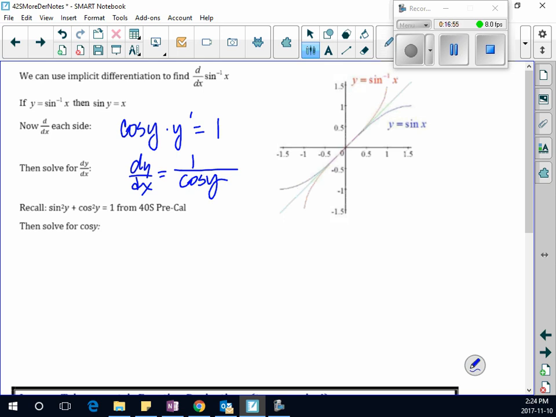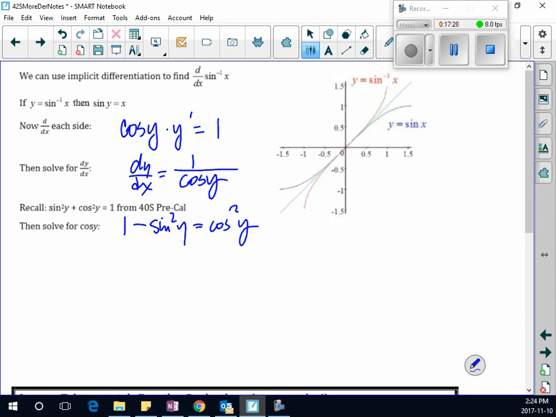Okay, so now we're going to recall that sine squared y plus cos squared y equals 1. So we're going to solve for cos y. Can you solve for cos y? Move this over. 1 minus sine squared of y is equal to cos squared of y. Does everybody agree? Then we're going to square root both sides.